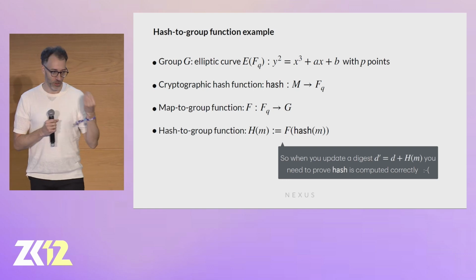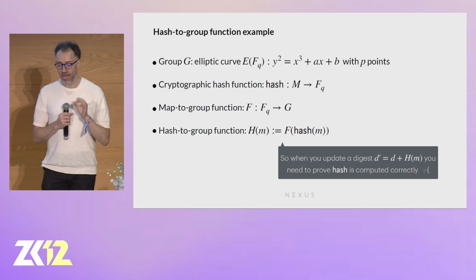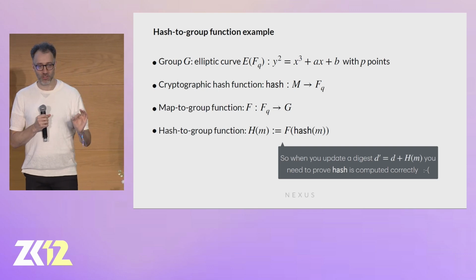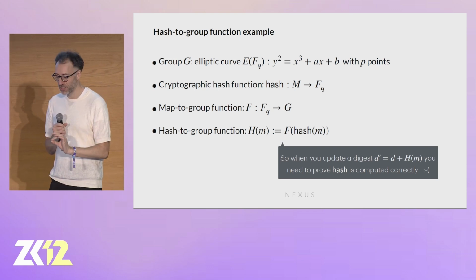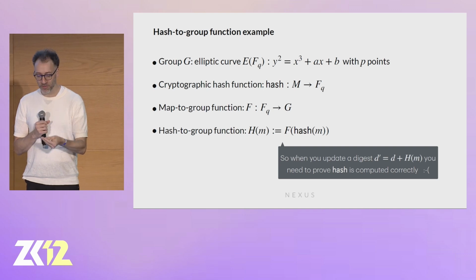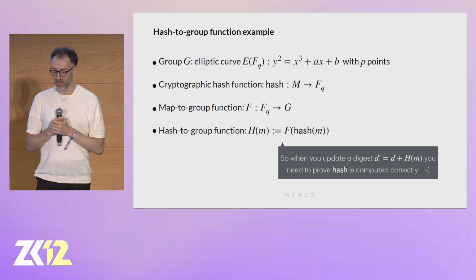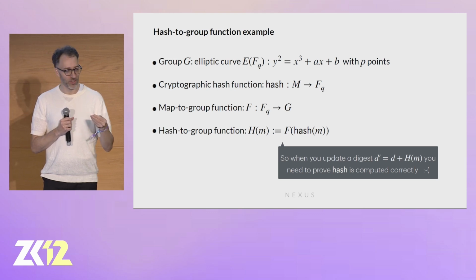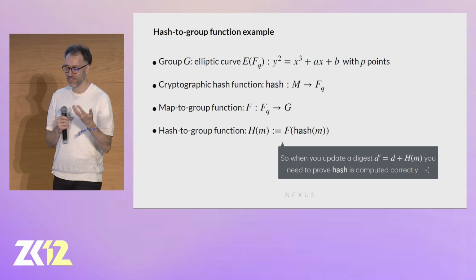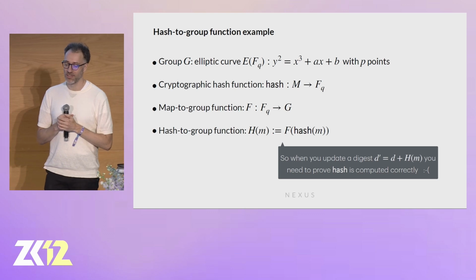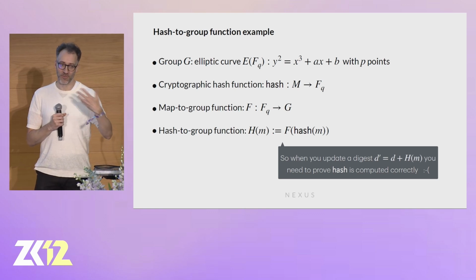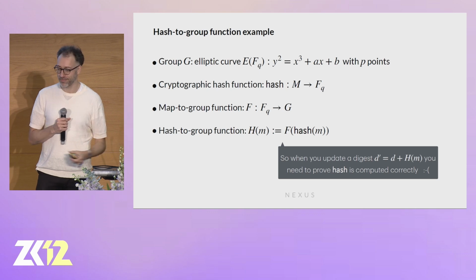So that's the standard construction, and it's an expensive construction. Because what is the cost here? You have to do this hash function first, and then you do a mapping. That hashing function is an expensive operation, since it's a cryptographic hash function. So now you have to compute and verify a hash in every step.